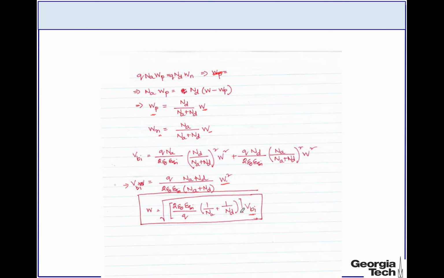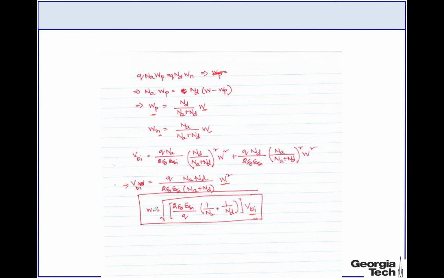So what do we get from all this calculation? What we get is that this W is determined by this built-in potential. So for a given depletion width, we can have a certain VBI, or for a given VBI, we can have a certain W.